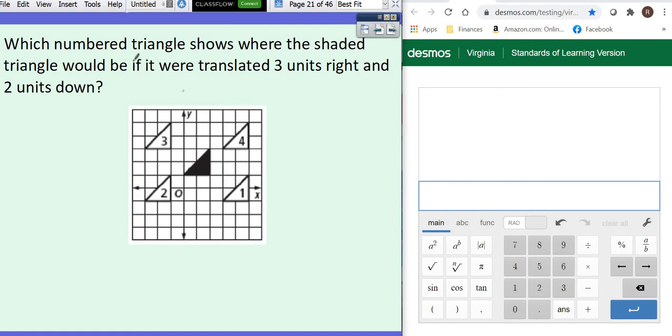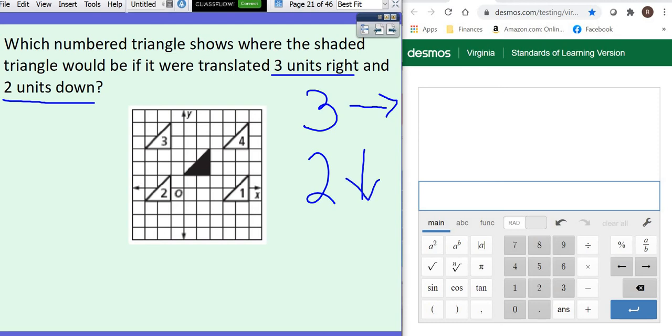Okay? Which numbered triangle shows where the shaded triangle would be if it was translated 3 units right and 2 units down? Personally, what I would do is I would literally write 3 and point an arrow to the right, and then 2 and point an arrow down, so I know exactly what I'm doing.